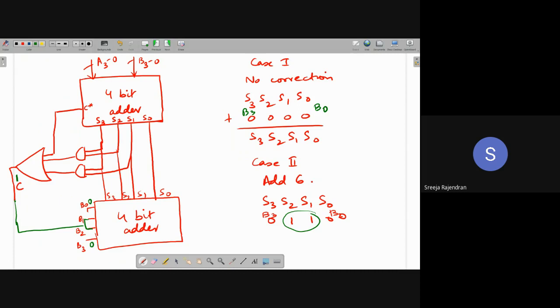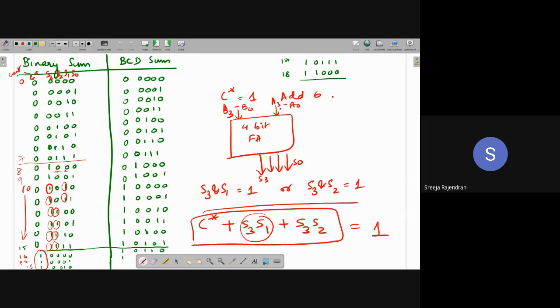It is generated only if those conditions are met: when C star is 1, or S3, S2 is true, or S3, S1 is true. So this C is generated only if any of these conditions are true. Otherwise, it's going to be 0.